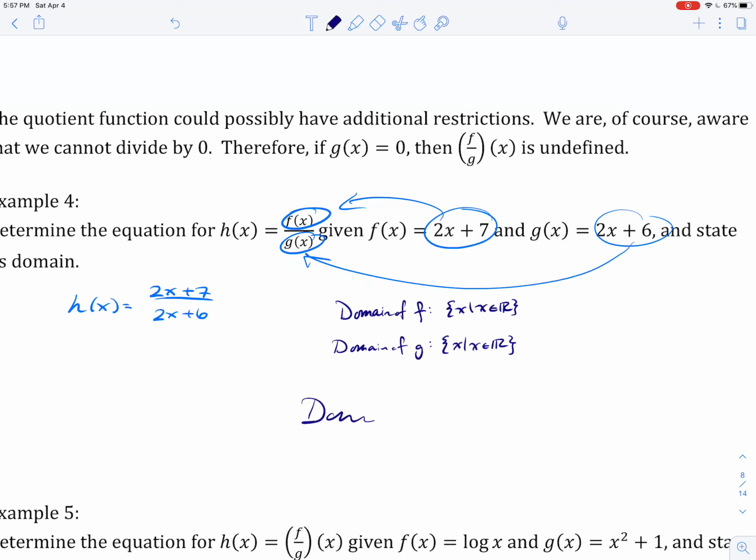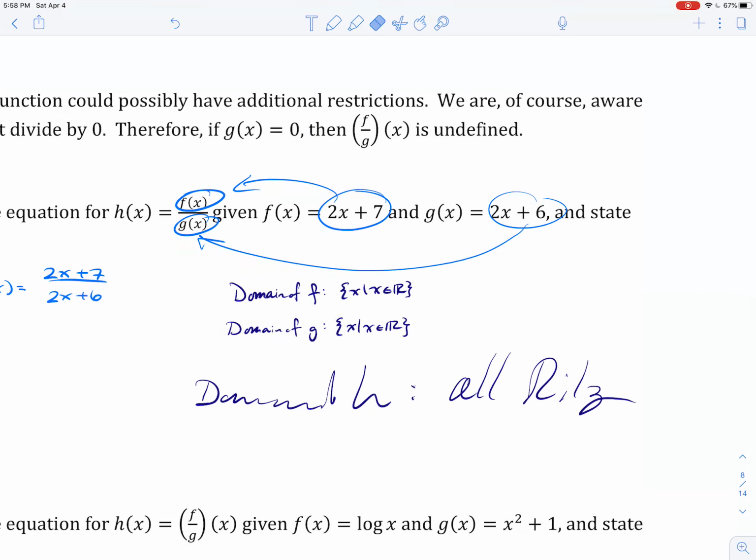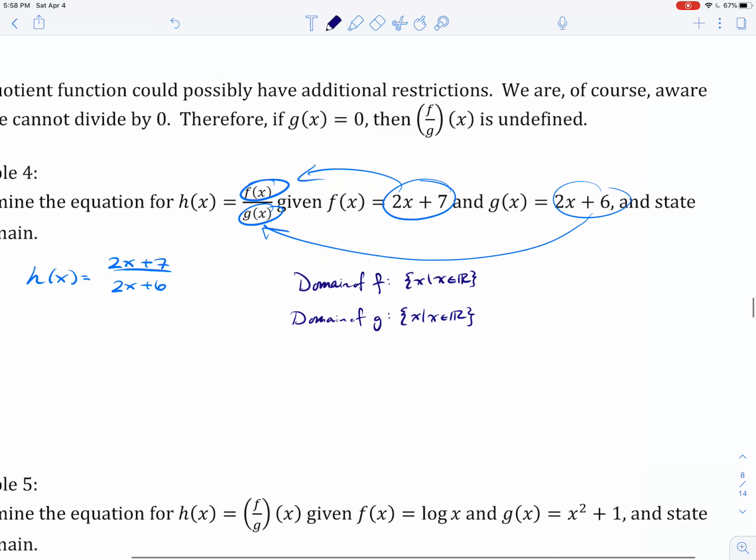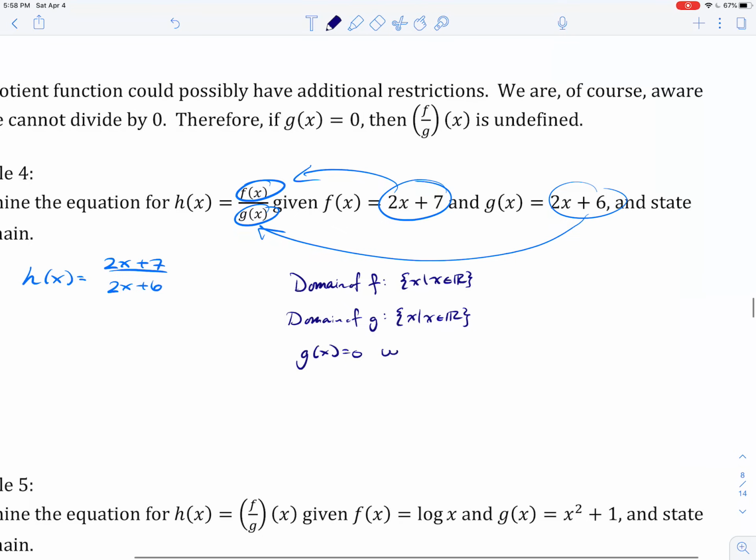Well then, I guess we can say the domain of h is all reals. Just kidding, we can't. Because it is possible for g of x to be 0. Where is g of x 0? Where is 2x plus 6 equal to 0? That happens when x is equal to negative 3.